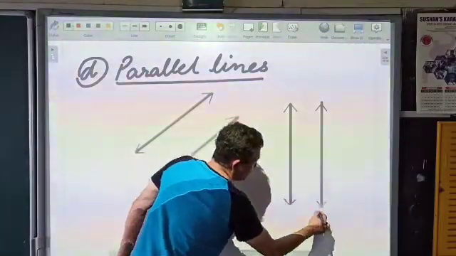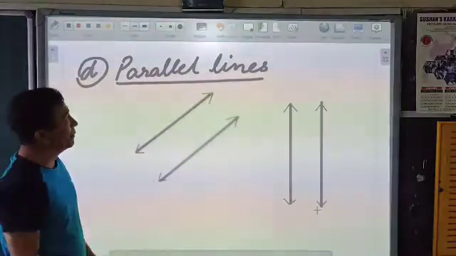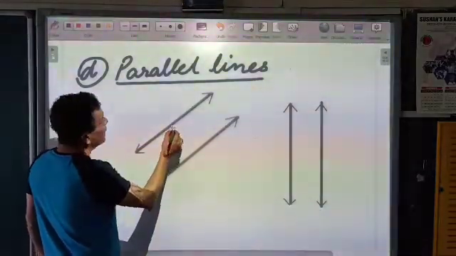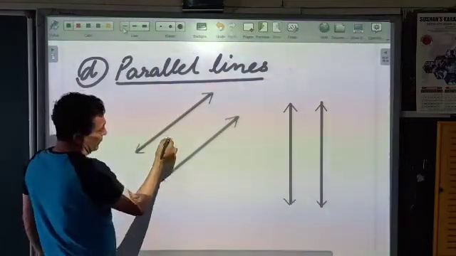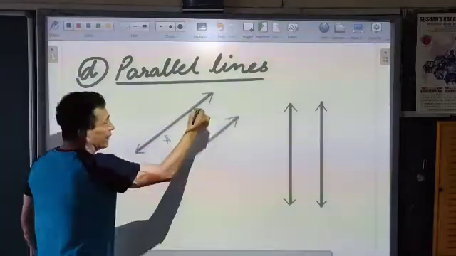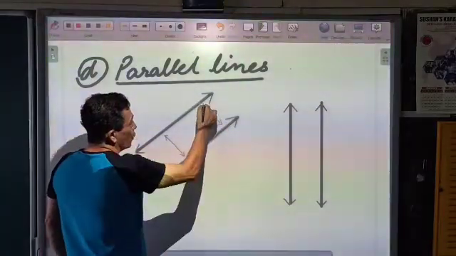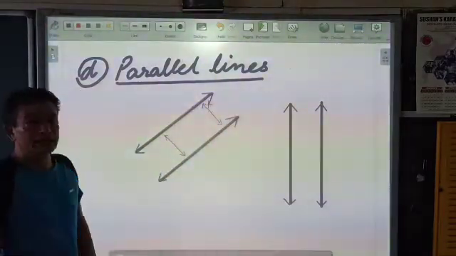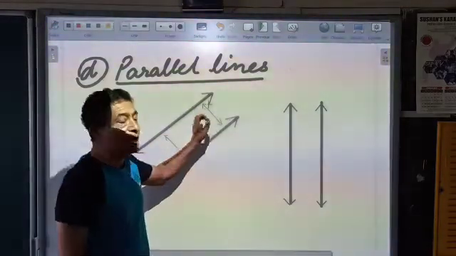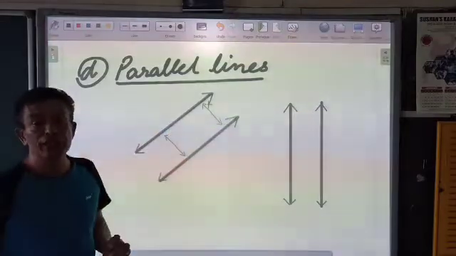But what we must remember in parallel lines is the distance between these 2 lines. Wherever you take it, it will always be the same. So in other words, these two lines are never going to meet each other.